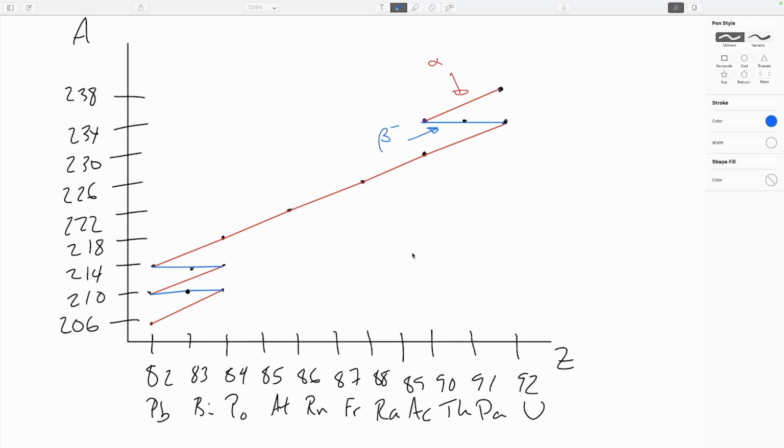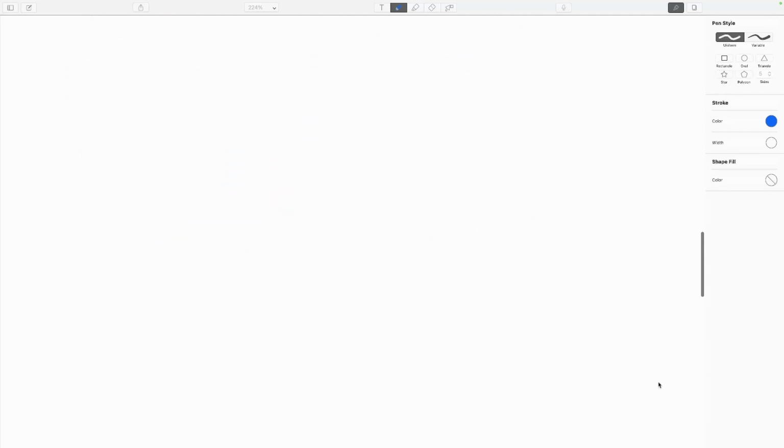Now, it turns out that you can use this to do things like date rocks. So how does that work? Well, to that end, we need to start talking about radioactive half-lives.